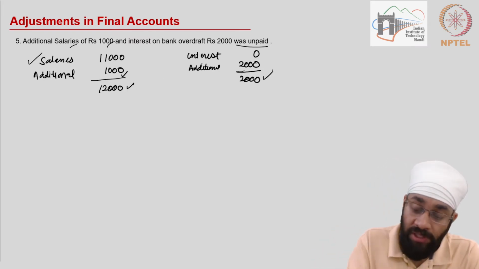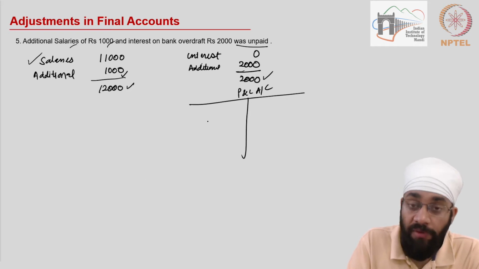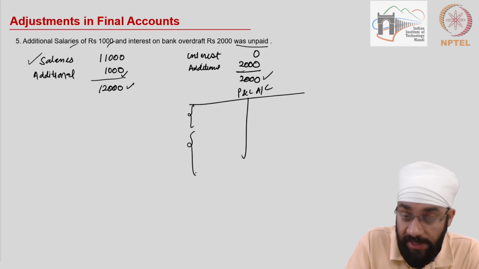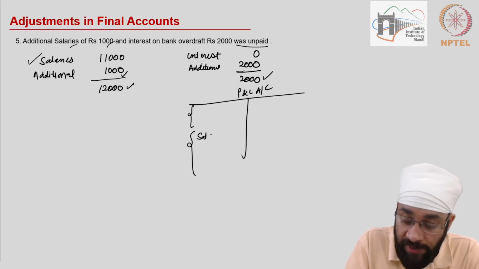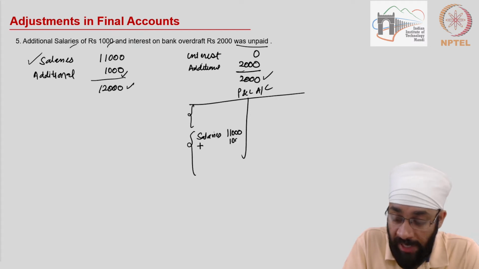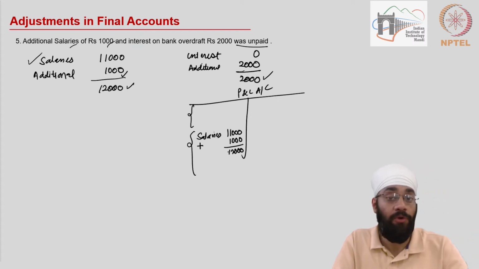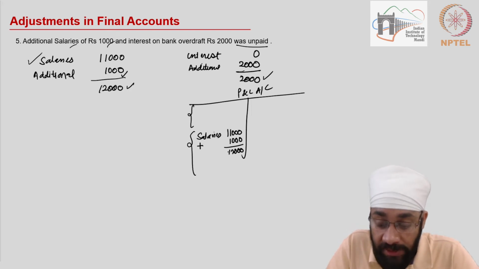Now what is going to be the impact? The first impact is going to be in the profit and loss account, of course. In the profit and loss account, in the second section, you have salaries. So you are going to show 11,000 plus the additional 1,000. So the total amount to be shown for salaries is 12,000.